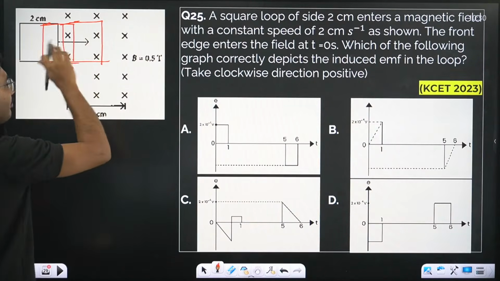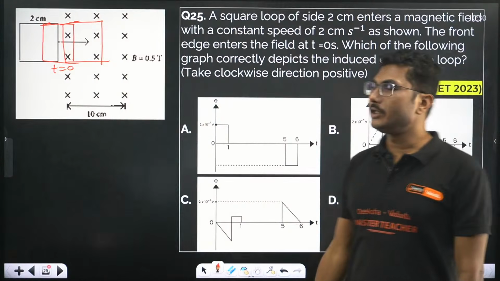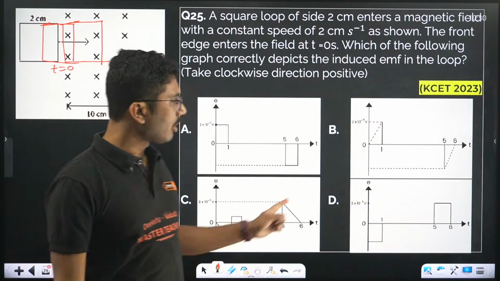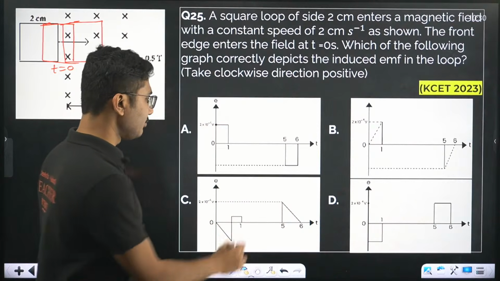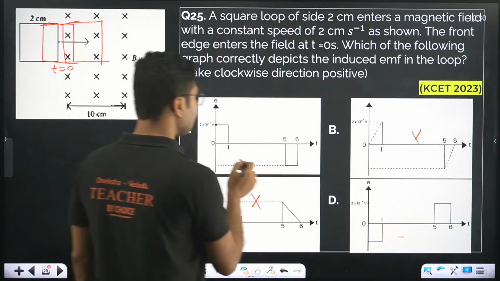Because the rate of change of magnetic field is constant, the induced EMF will be constant, it will not vary like this or this. So these two are incorrect.